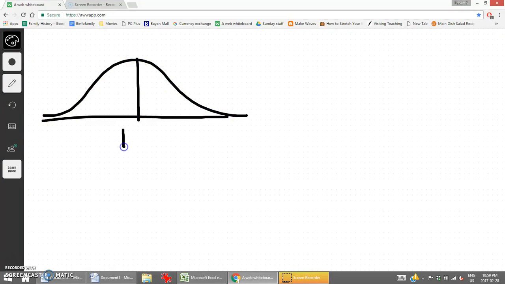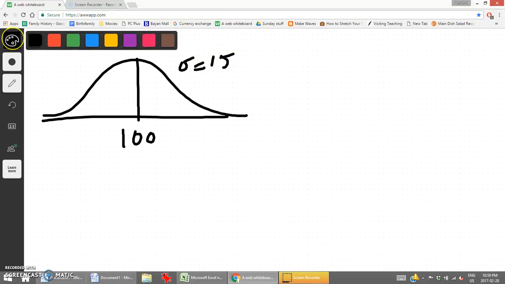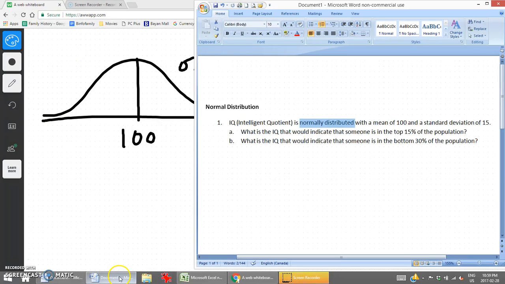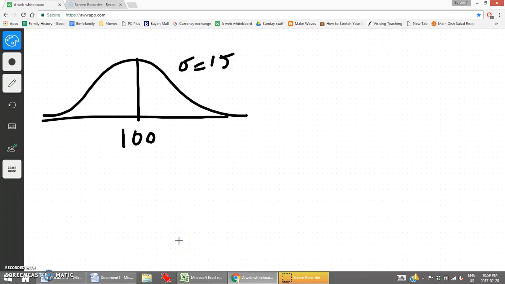It has an average of 100 and a standard deviation of 15. What we want to look for is that x value that would indicate that someone is in the bottom 30% of the population. So the bottom 30% is going to be in this section here. So we're going to shade in that.